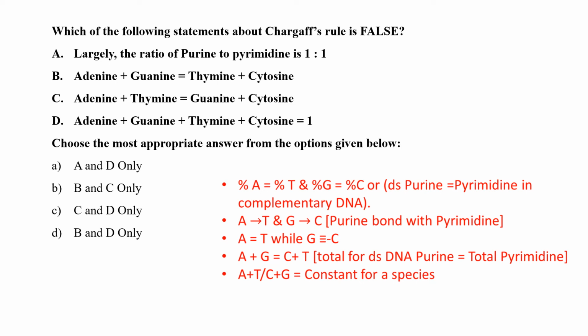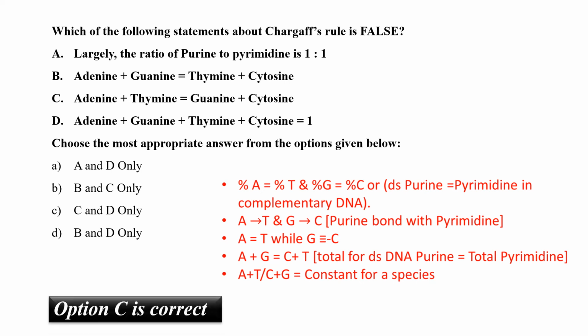A is always equal to T and G is always equal to C. A plus G is equal to C plus T. That is, total number of double-stranded DNA purines is going to be equal to total number of DNA pyrimidines. A plus T upon G plus C is going to be constant for a species. So based on these adaptations, we can see that statements C and D are wrong, and our correct answer is going to be option number C, which says C and D only.